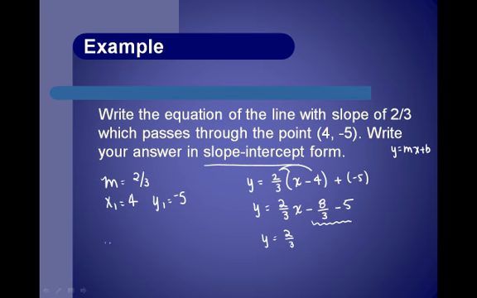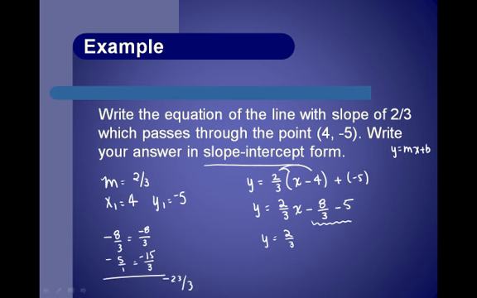So let's come over here. We've got negative 8/3 minus 5/1. Remember, to subtract fractions, you have to have a least common denominator, so we're going to use LCD of 3. Then we're going to rewrite both of these fractions with a denominator of 3. So 1 times 3 is 3, 3 times 5 is 15, but that's a minus. 3 goes into 3 one time, 1 times 8 is 8, but that's also a minus.